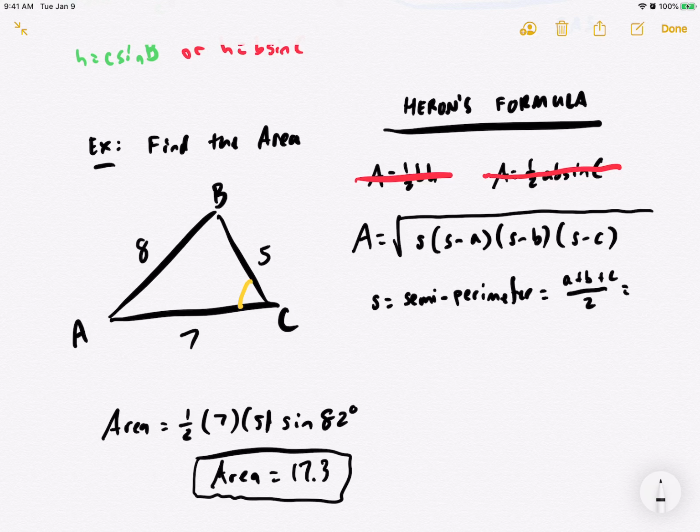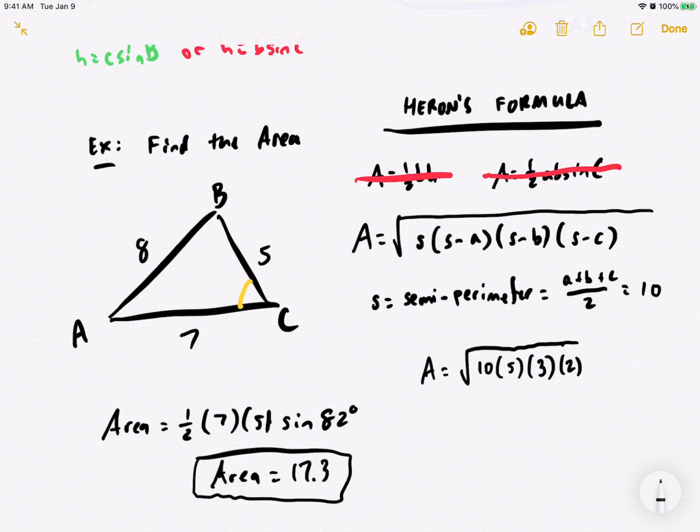In our case, since the sides are 8, 5, and 7, the perimeter would be 8 plus 5 plus 7, which of course is 20. That means the semi-perimeter is 10. And that means the area of this triangle is nothing more than the square root of 10 times 10 minus 5, times 10 minus 7, times 10 minus 8.